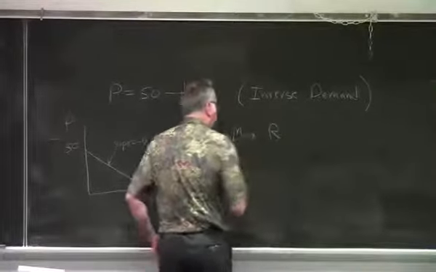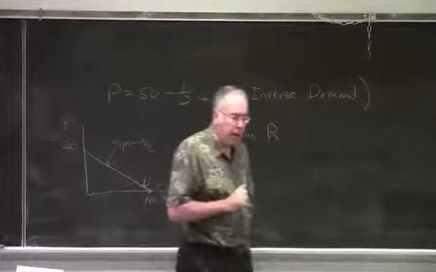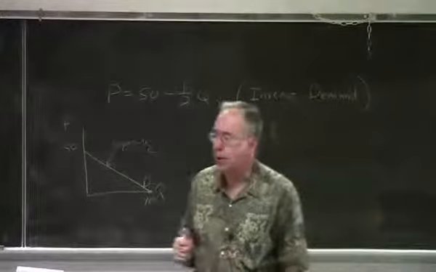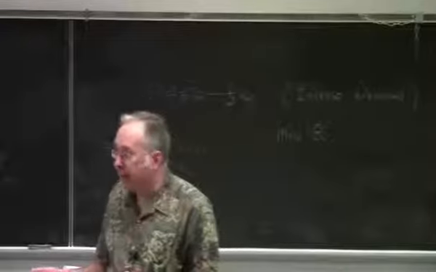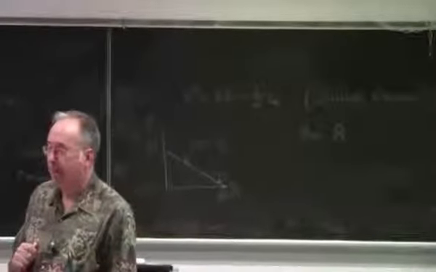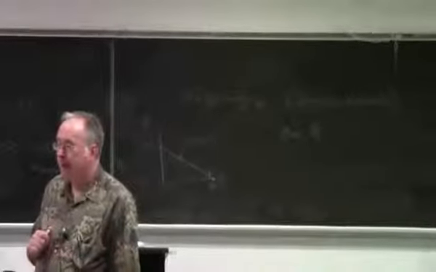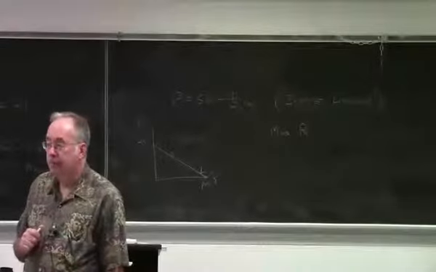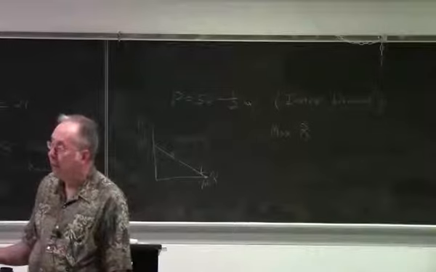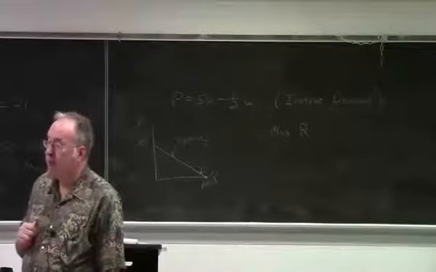Let R stand for revenue. Well, what is revenue? That's where you should start. What is revenue? Since that's what we want to maximize. David, what is revenue? Revenue is how much money they're making. Right. Okay. And in symbols, what would that be?